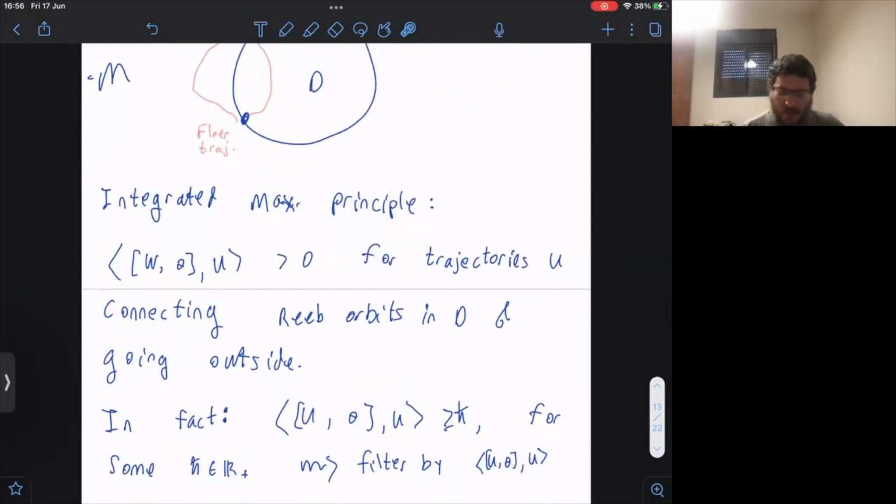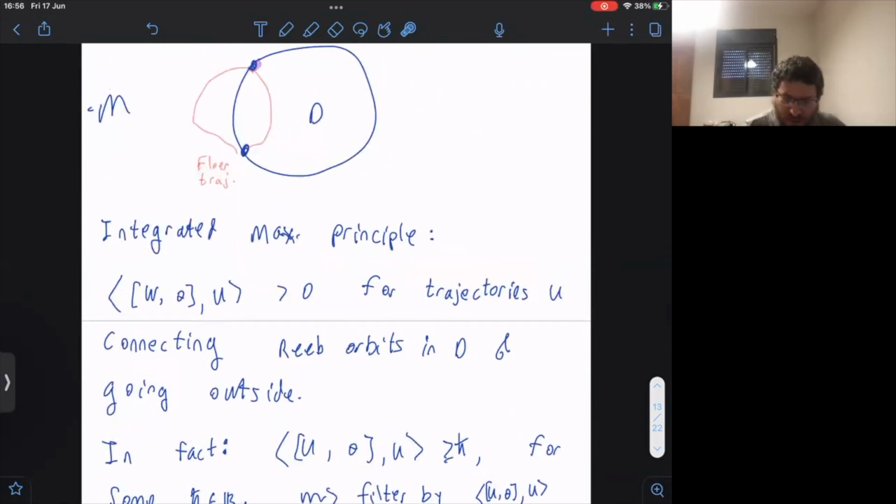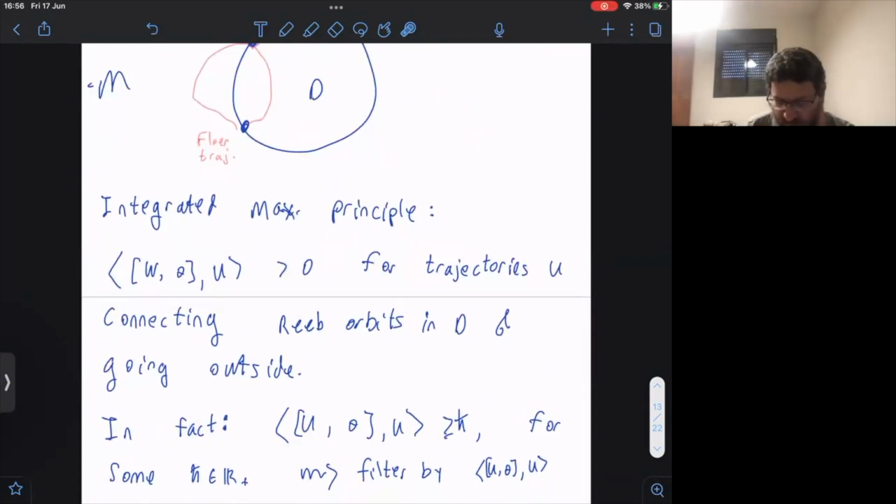And in fact, one can show that it's greater than some positive constant. So if you have something which goes outside, then this class will be positive by some definite amount. So are there any questions?